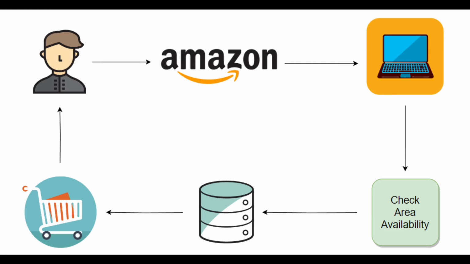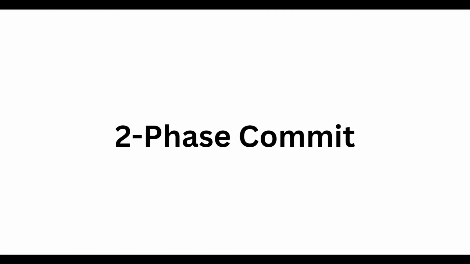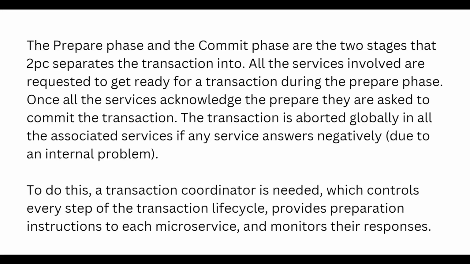But if we have different modules, then doing that separately and then collectively is going to be difficult, and that is what we are talking about in these design patterns. Now let's talk about two-phase commit first.